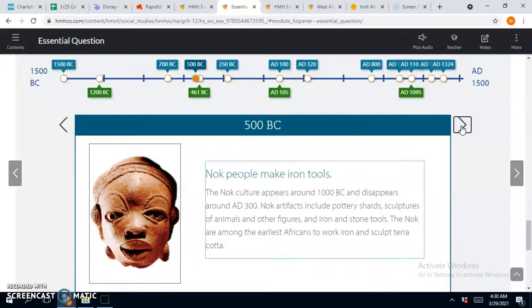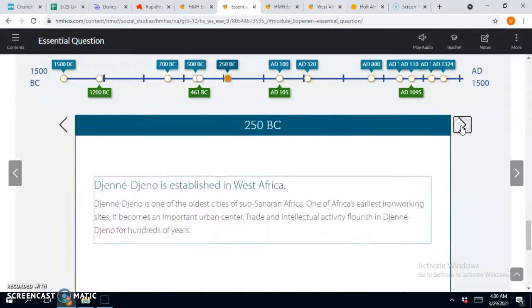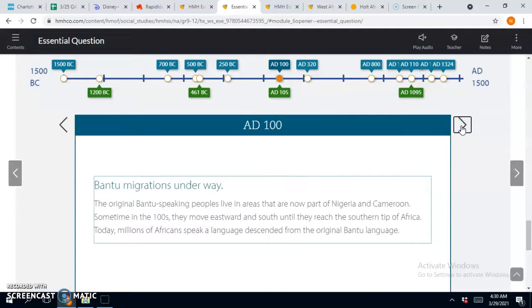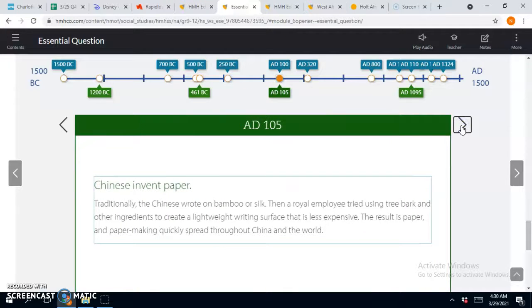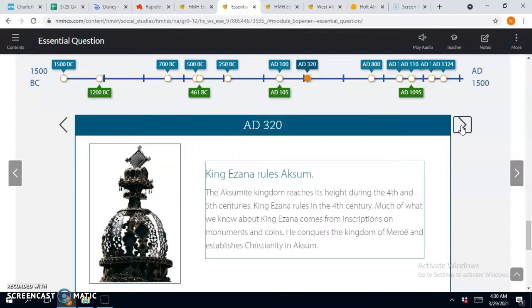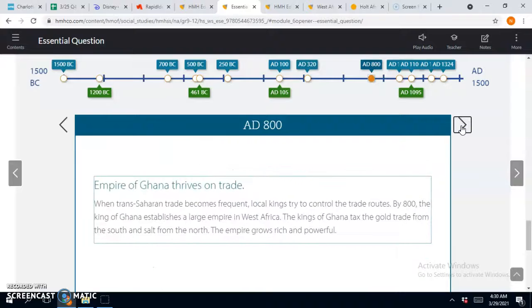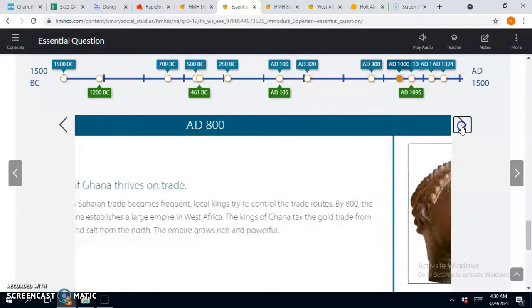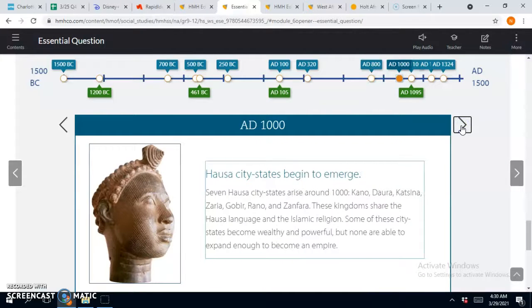You would write down about the Nok people. You would write this information down about Jenne-Jeno. You would write down information about the Bantu migration. You would write down about King Ezana ruling Aksum, the Empire of Ghana, thriving on trade. You would write down Hausa city-states, which they're telling you Kano, Daura, Katsina, Zaria, Gobir, Rano, Zamfara, that Hausa language and the Islamic region.